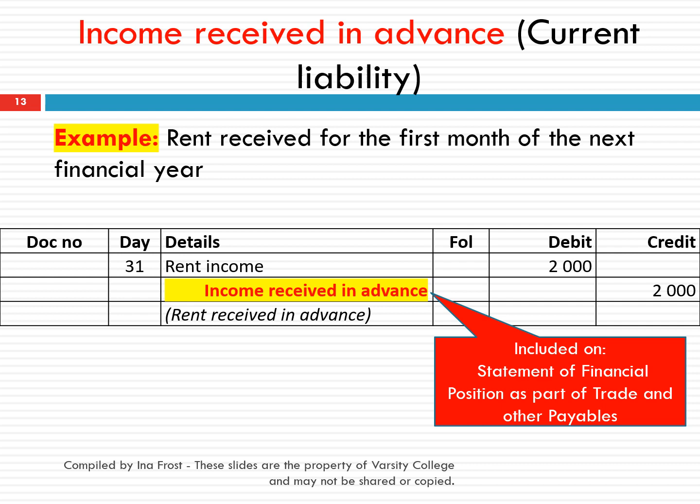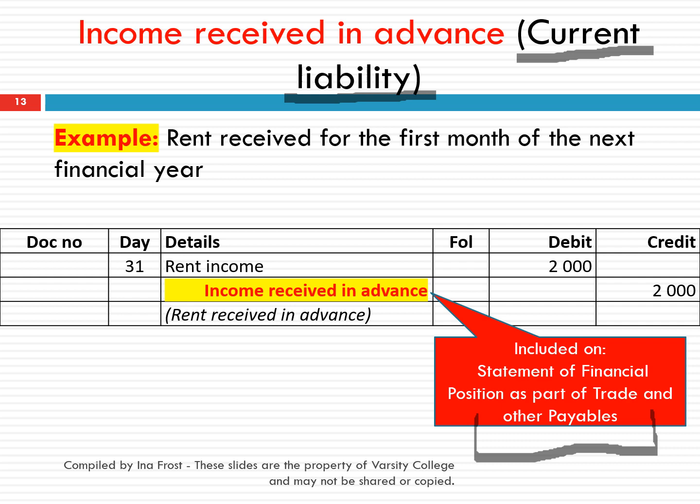Then on the other hand, there can also be income that we've already received for the next financial year. We call that kind of income received in advance, and income received in advance is one of our current liabilities. So again, it will go to the statement of financial position, and now it will form part of your trade and other payables.